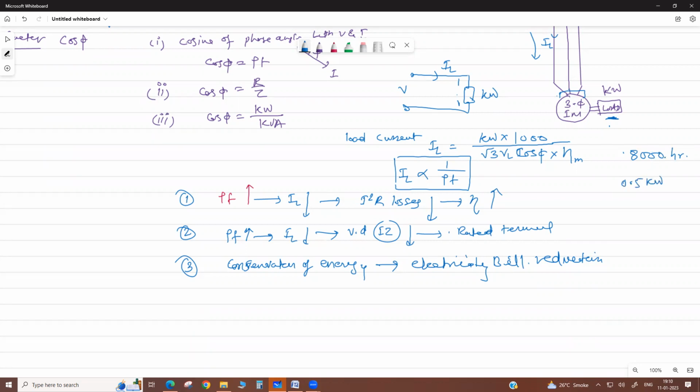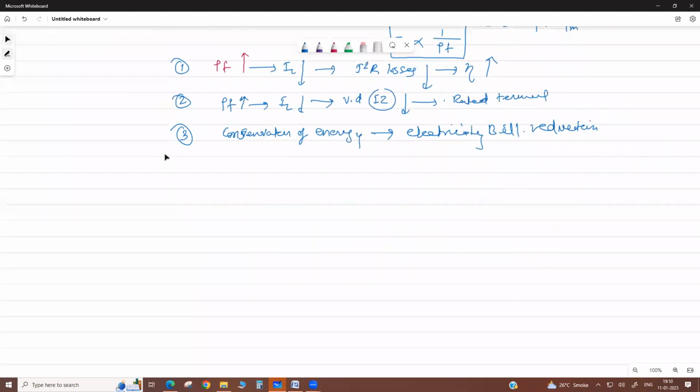Then in 8,000 hours, the unit is kilowatt hour. If you multiply this by the total annual hours, there is an annual energy saving, and then the annual cost is reduced. So this is the advantage. That is why we improve the power factor.